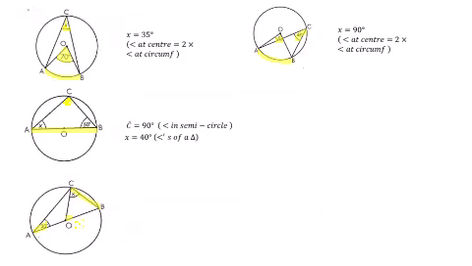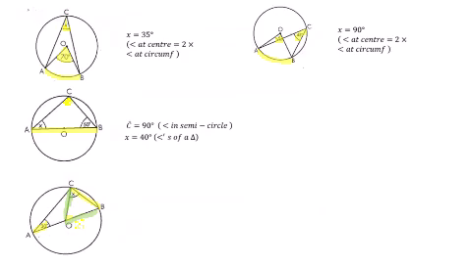Now the next step will be to notice, it is very clear that the line CO and the line OB are radii, right?